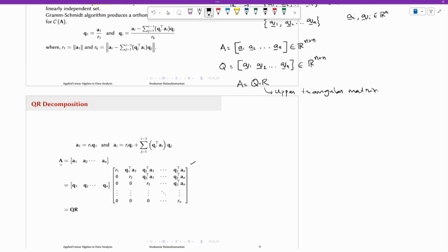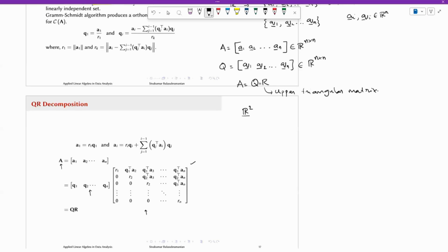This is A, of course. This is Q, and this will be your R. But maybe that's too abstract. Let's just do the Gram-Schmidt procedure for one example, and then see how we can build this Q and R matrix.